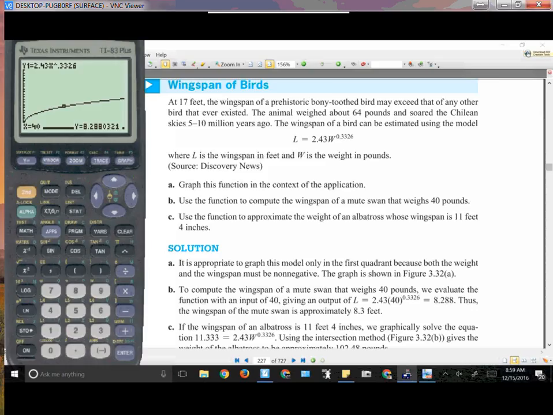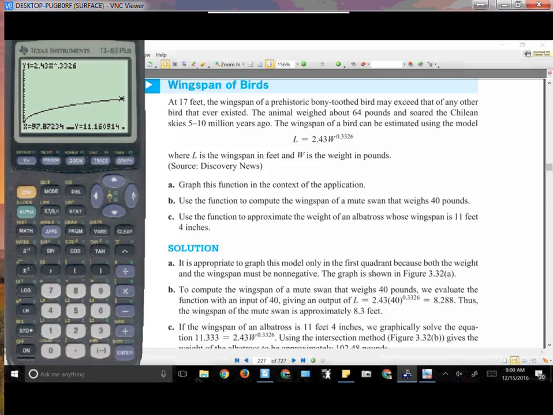Let's see, it says the albatross, the weight of an albatross whose wingspan is 11 feet. Well, if I want to, I can just trace through it here and see, where do I get 11? Keep going. Okay. 11 feet, 4 inches. 4 inches is approximately a quarter, right?